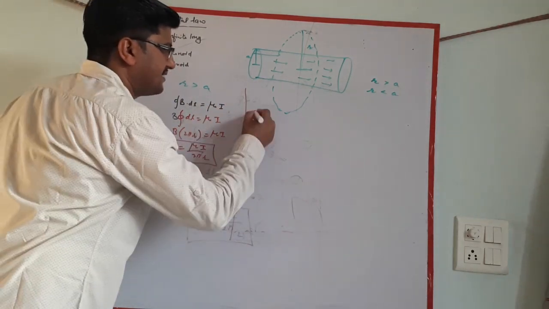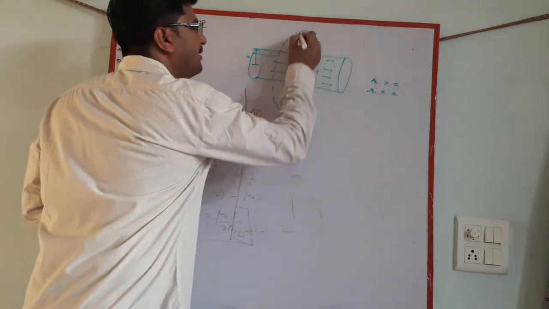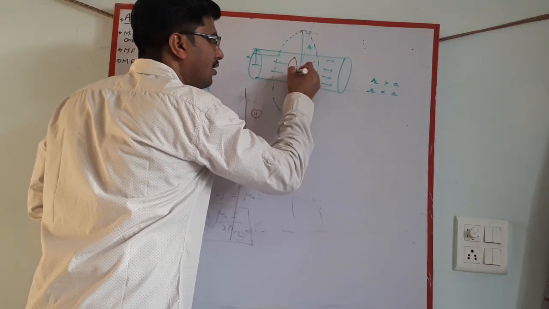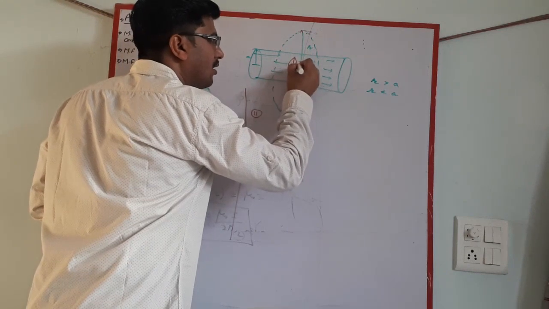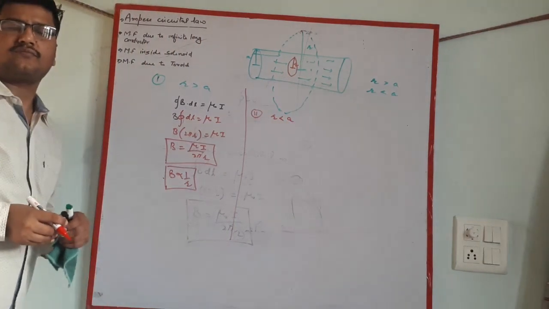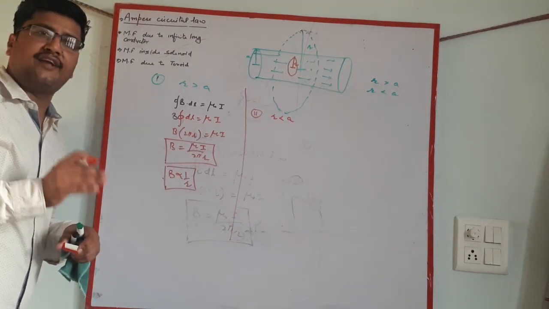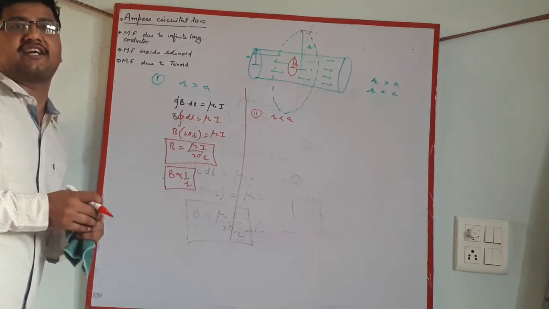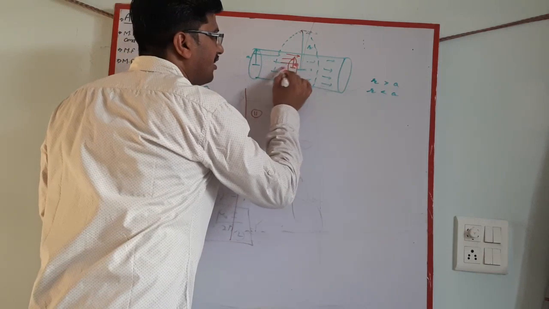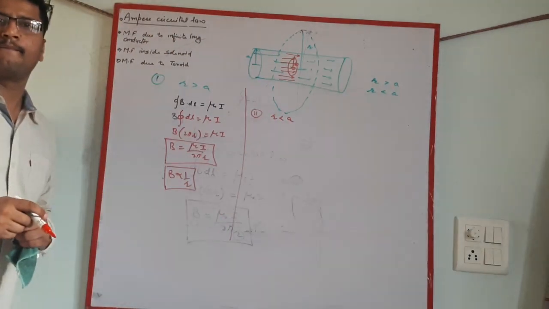The second case: if point P lies inside, here r is less than a. Dear friends, now see, the current is flowing uniformly across the cross section. That means current is here, here, here, everywhere the current is flowing.